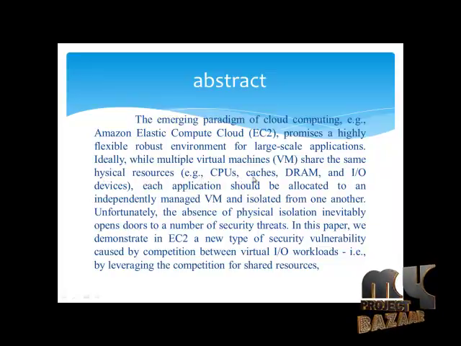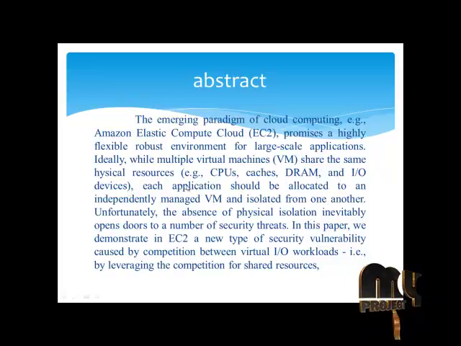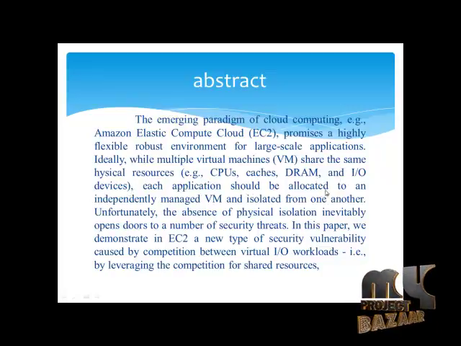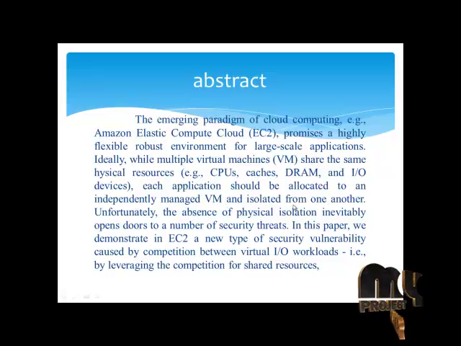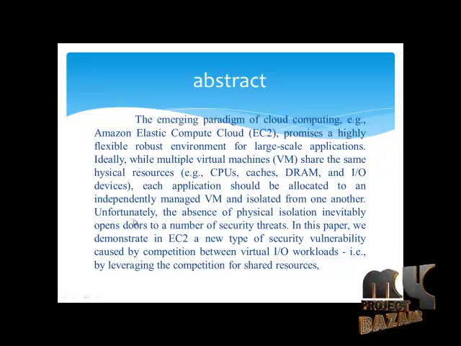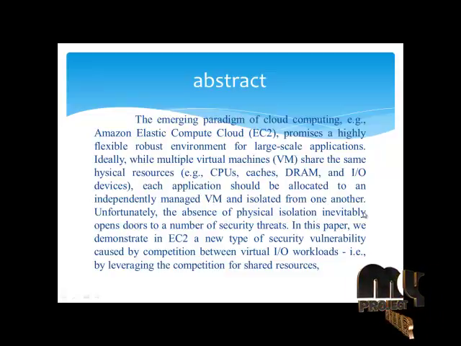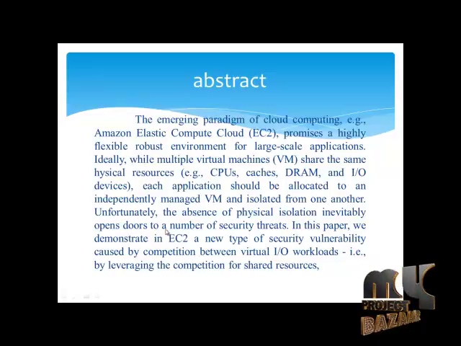Example: CPUs, caches, DRAM, and I/O devices. Each application should be allocated to an independently managed VM and isolated from one another. Unfortunately, the absence of physical isolation inevitably opens doors to a number of security threats.